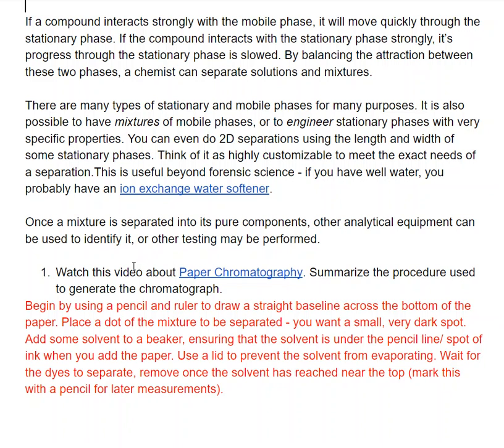So, like if you have paper chromatography, you run chromatography up the paper and then you turn it 90 degrees and run it up the other side, and then that will give us a two-dimensional separation of components. So think of it as just a highly customizable way to meet the exact needs of a separation.